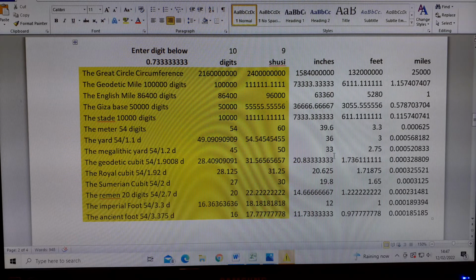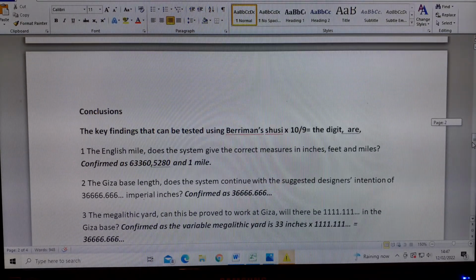The geodetic cubit, 20.8333 inches, 20.625 for the royal cubit, 19.8 for the Sumerian, 14.666 recurring for the Riemann, 12 inches for the imperial foot, and 11.7333 inches for the ancient foot. So we can tab down and see what's going on.